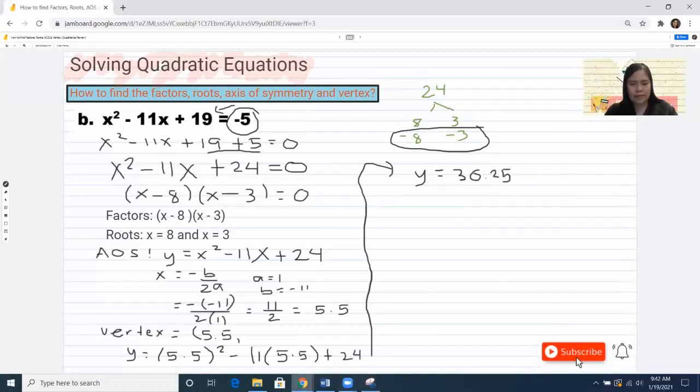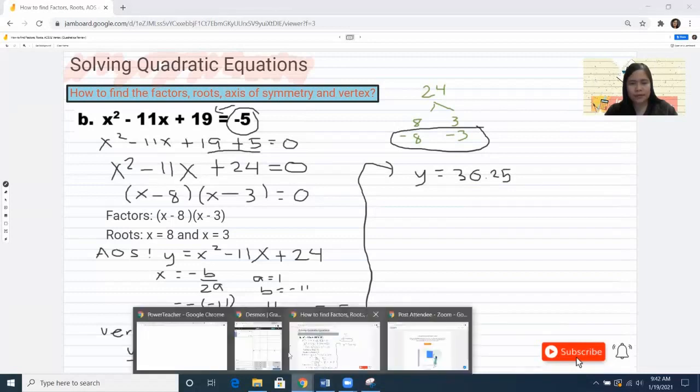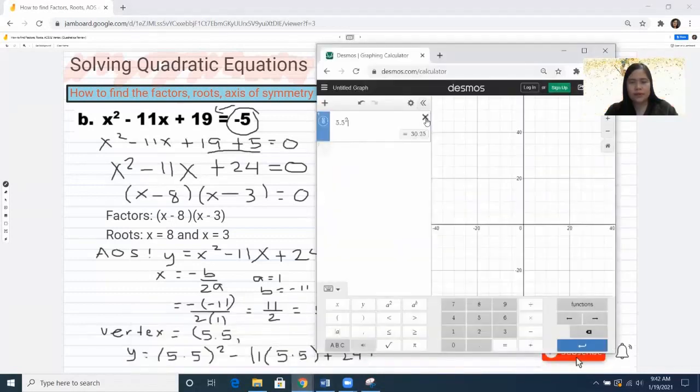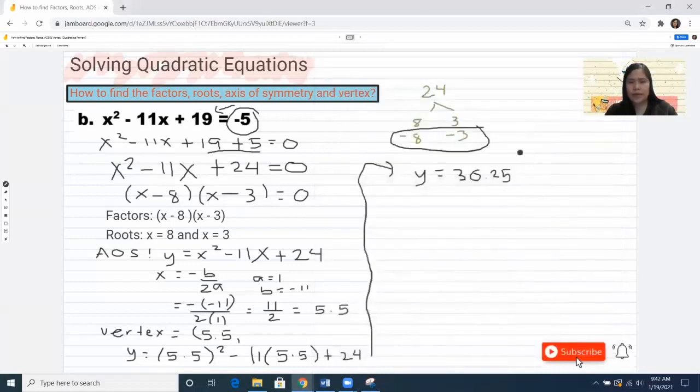And then we have 11 times 5.5, which is 60.5, so we can write 60.5 in here. Minus, because 11 is negative, 60.5, and then plus 24.